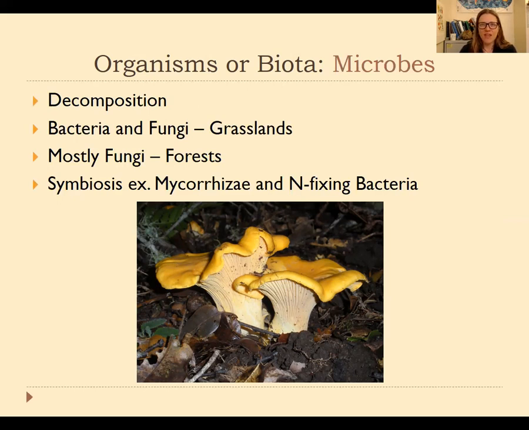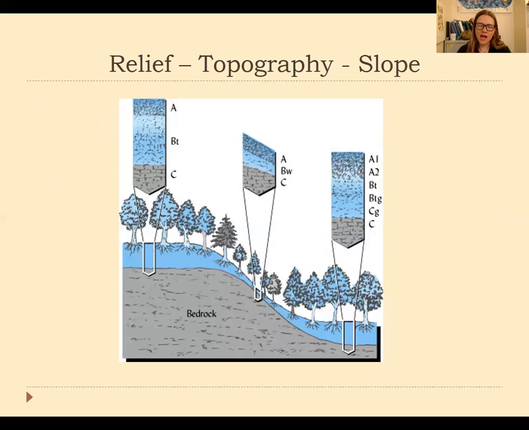I'll be done soon. Okay, so another category in our CLORPT soil forming factor equation, R is relief, which I said is also a word for like topography or slope. So this tells us kind of like the shape and the slope of the landscape.